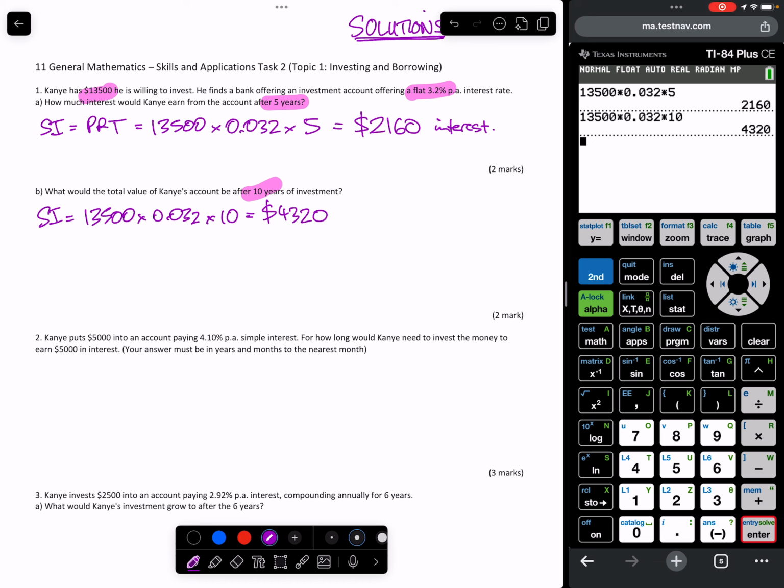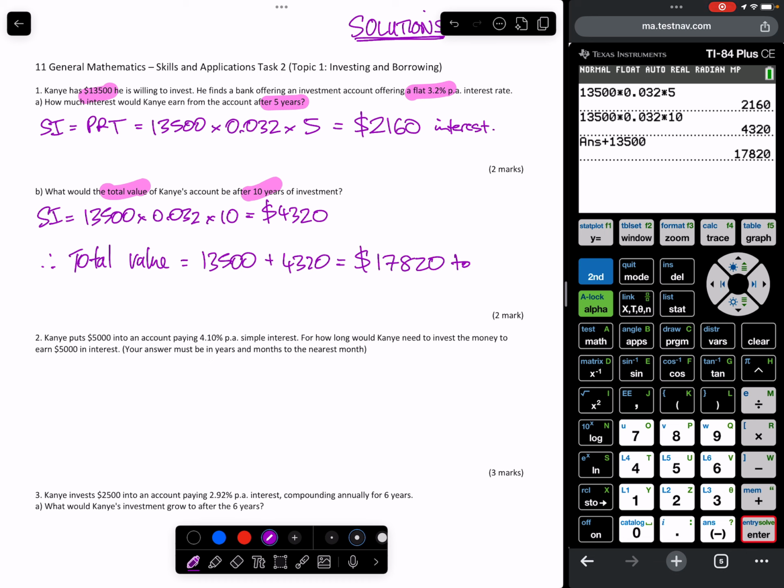That's 4320, but it's asking for the total value of the account, not just the interest. Therefore, total value is going to be his initial investment, 13,500, plus 4320, which is 17,820 total value.